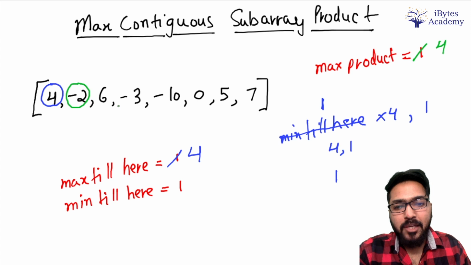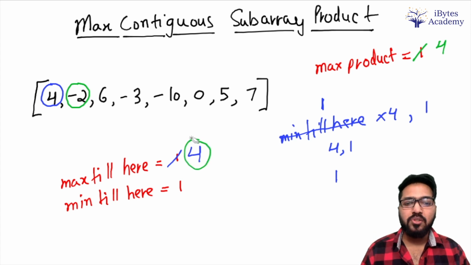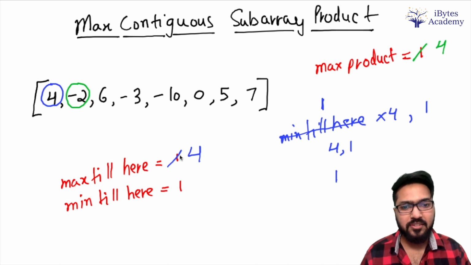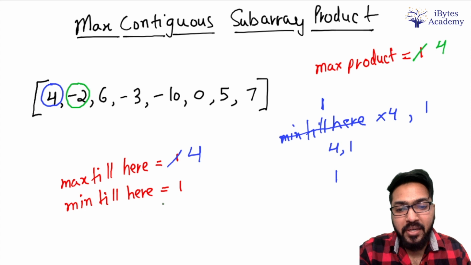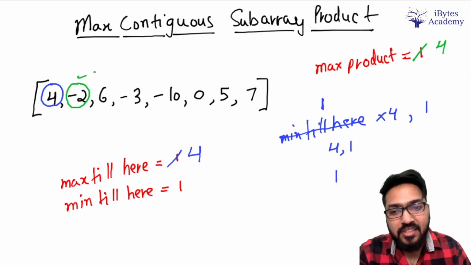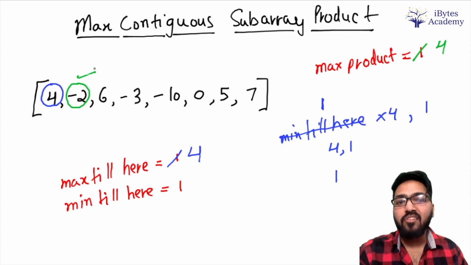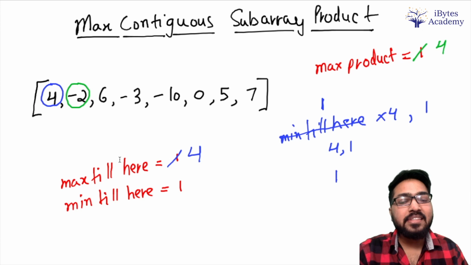If I multiply this negative number with a positive number, obviously this is going to be a negative number, and I should not update max till here in that case, right? But if my min till here is a negative number and I multiply it with this negative number, this could give me a very high positive value.